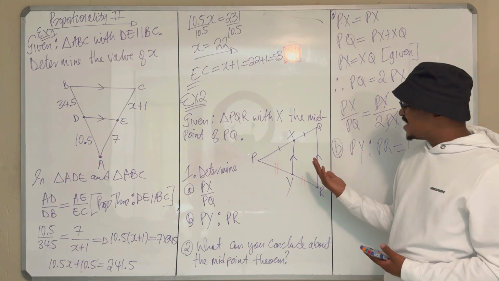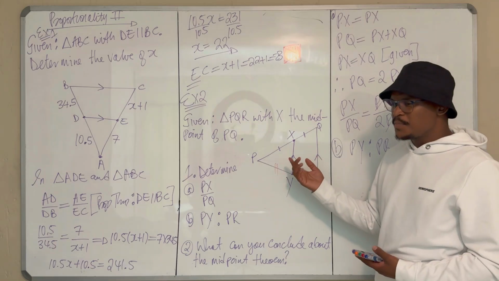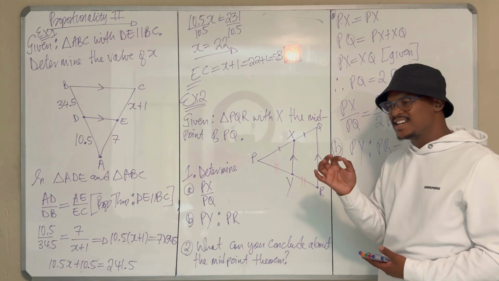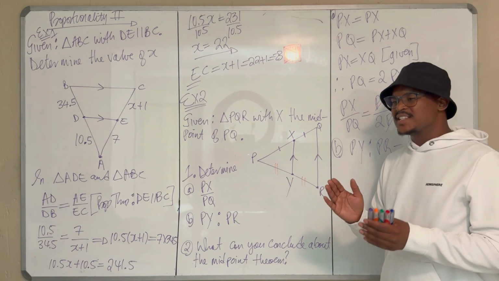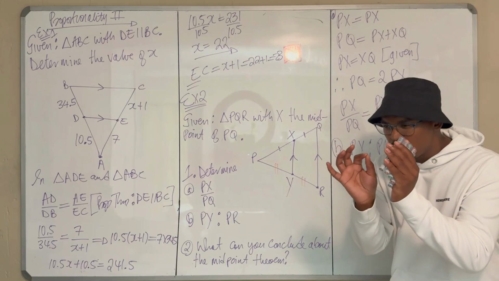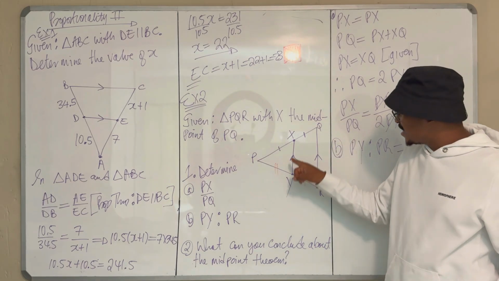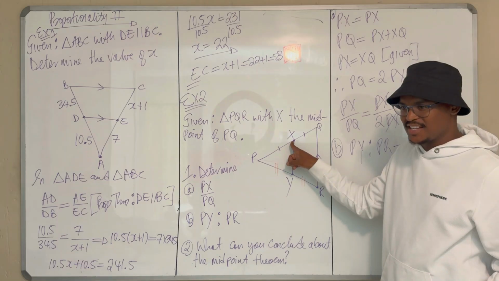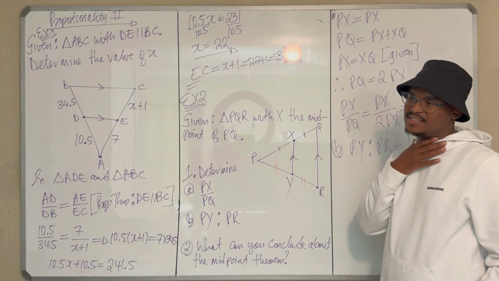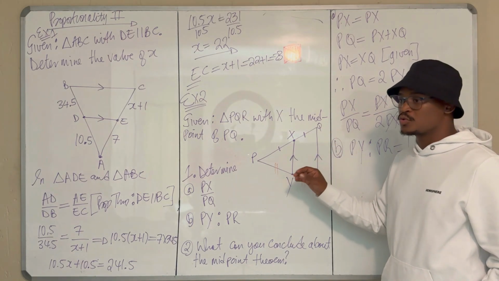So your midpoint theorem is a special case of the proportionality theorem, which means it's a proportionality theorem set to fit certain conditions: you should join the midpoints, and these two should be parallel.